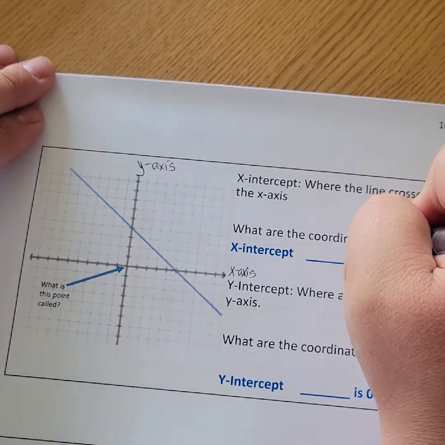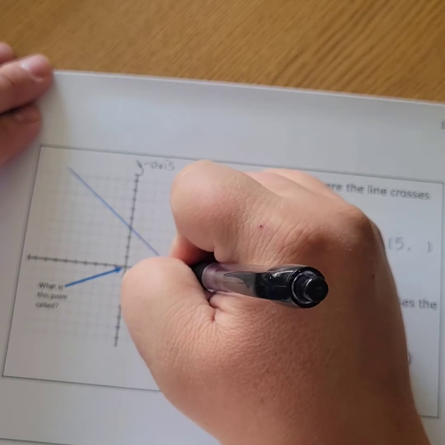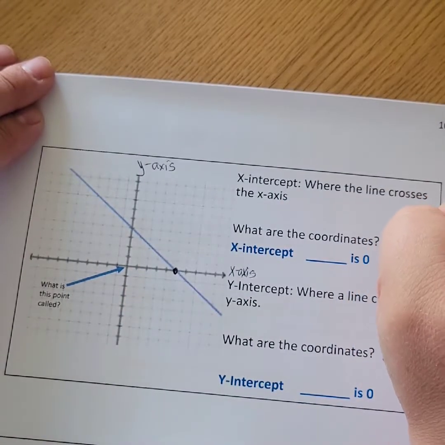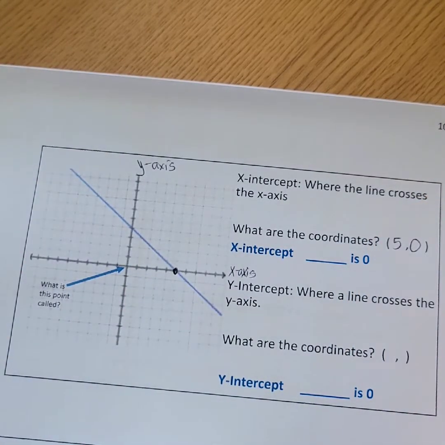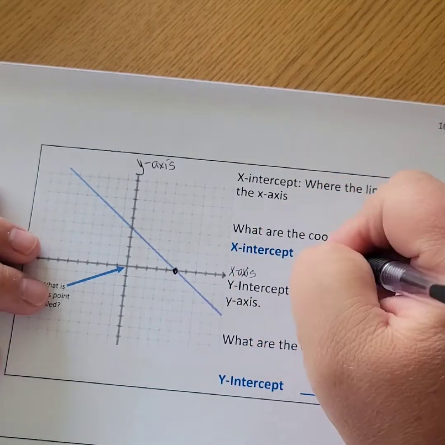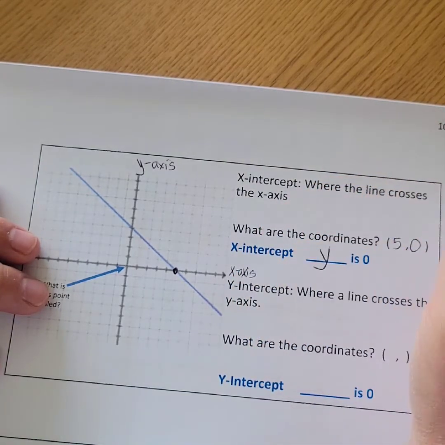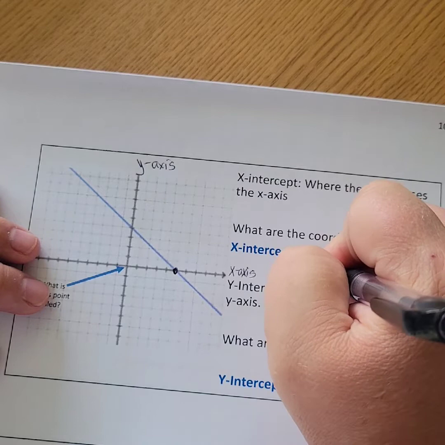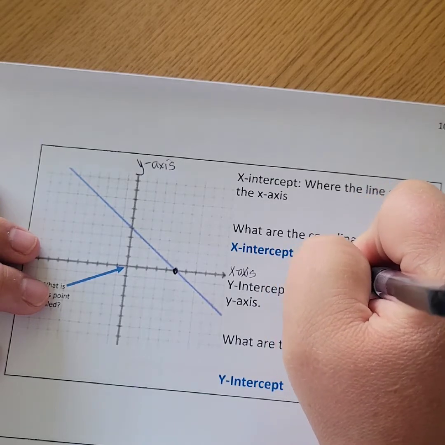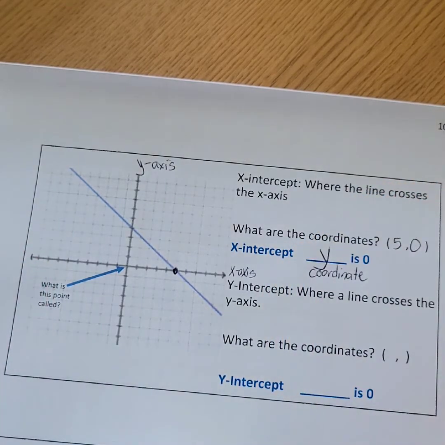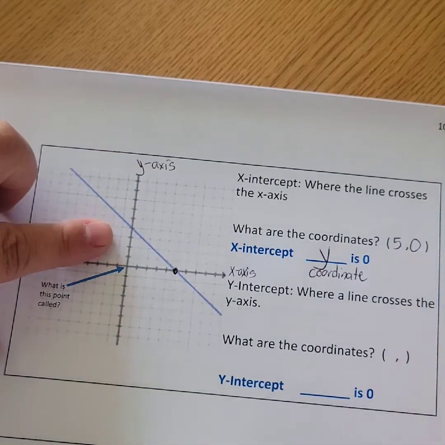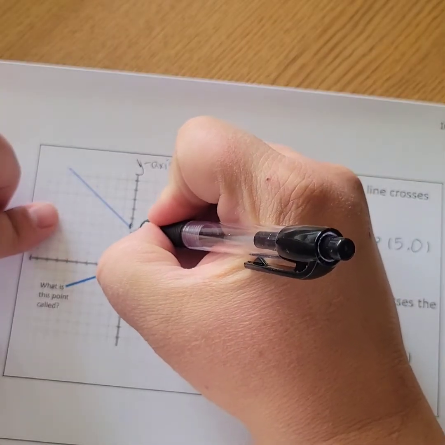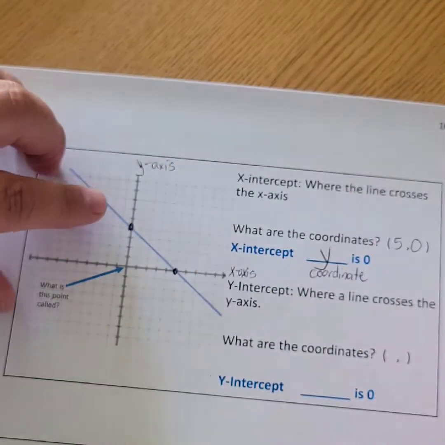So the coordinate right here is going to be 5, 0. Okay? So for the x-intercept, the y coordinate, or the y number, is 0.